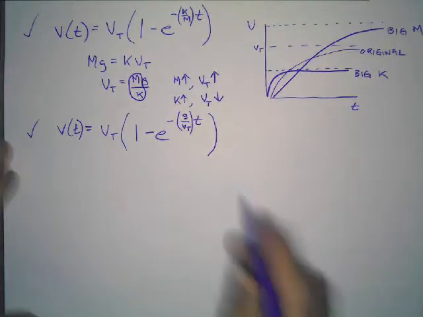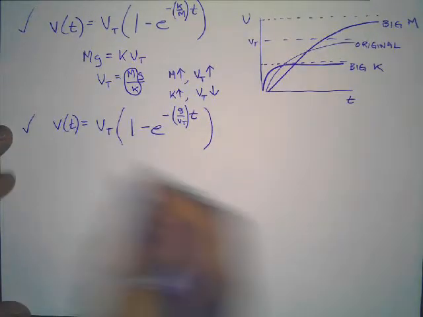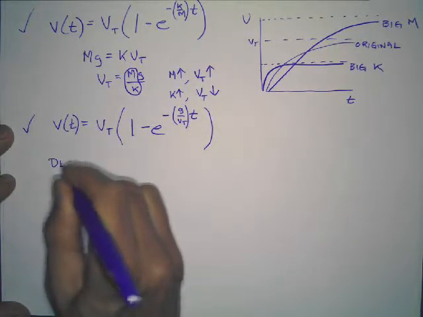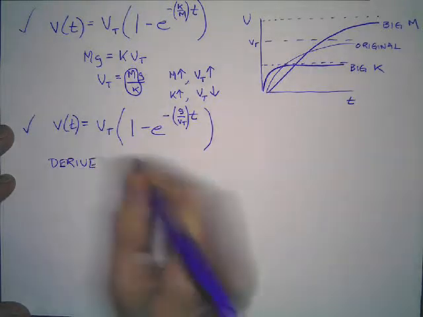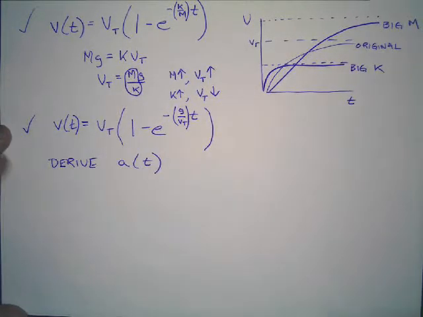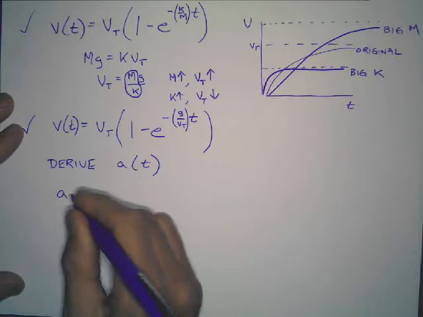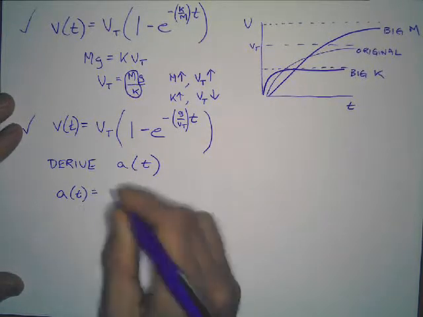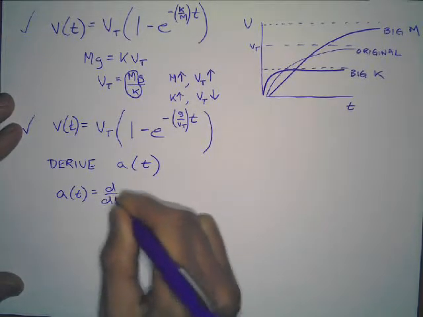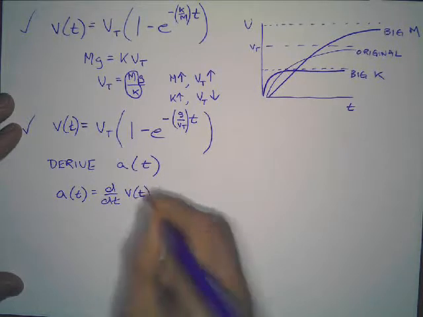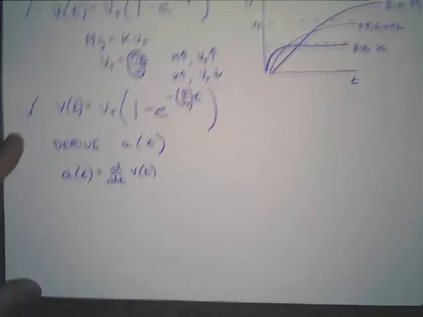So, okay. Let's just do the last part of the calculus here. Let's derive the acceleration as a function of time. This should be a pretty straightforward thing to do. Don't worry, we don't have to separate variables on it. But what we're going to do is just say that acceleration as a function of time should be equal to the derivative of velocity with respect to time.